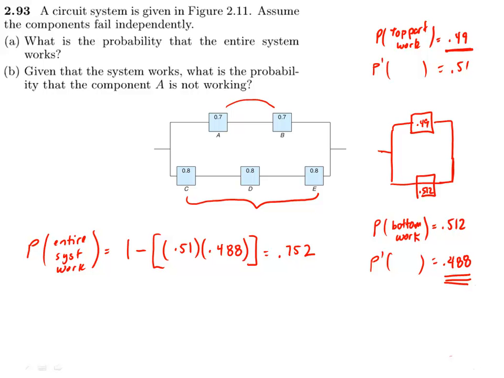Let's look at part B. Given that the system works, what is the probability that component A is not working? So the system is working. We know that probability already.